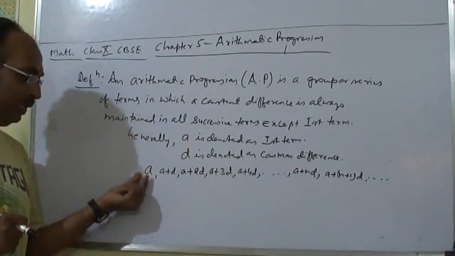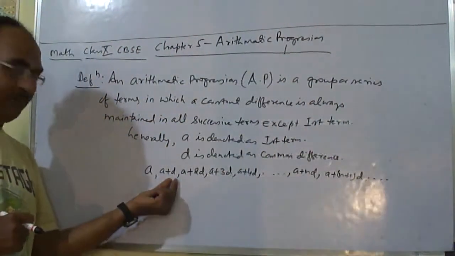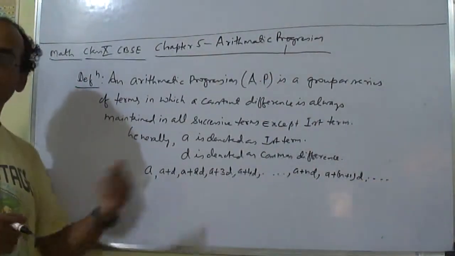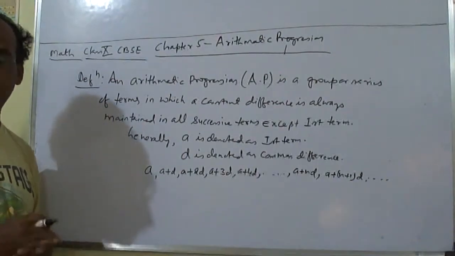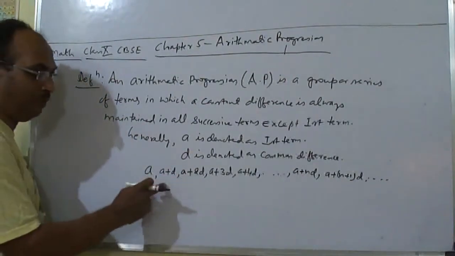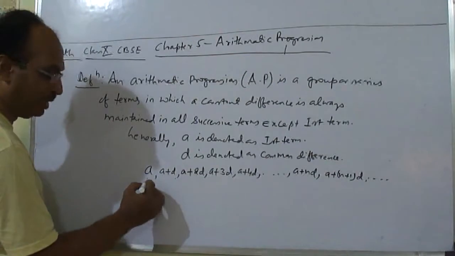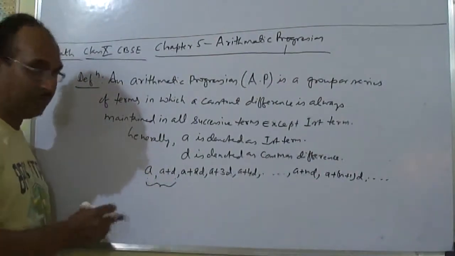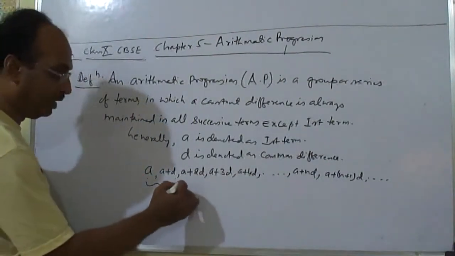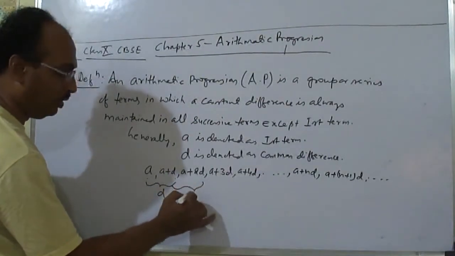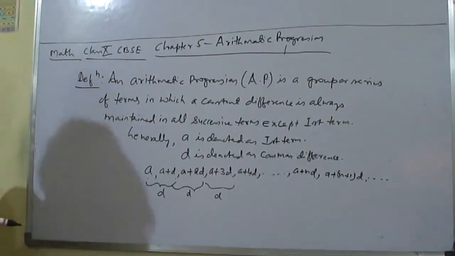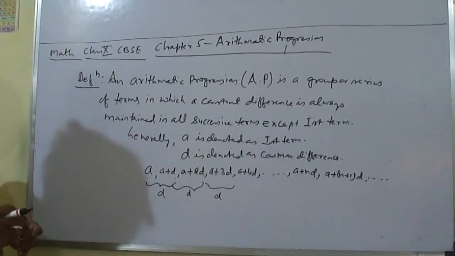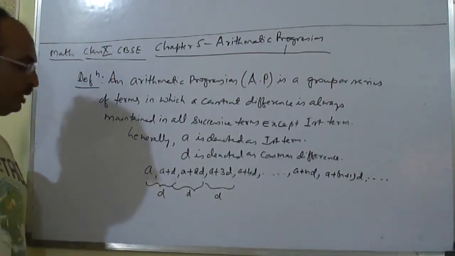So if we have the first term and the common difference, we can create the AP. The difference between two successive terms will always be only D. Now you have understood what AP is.